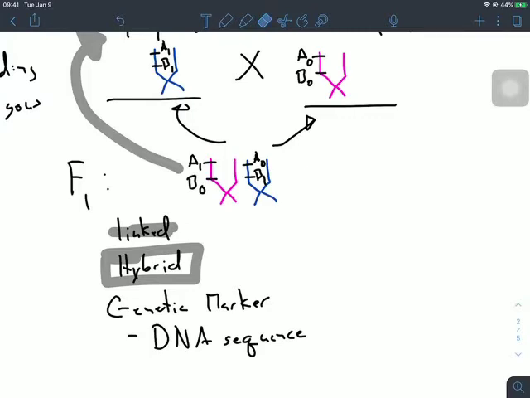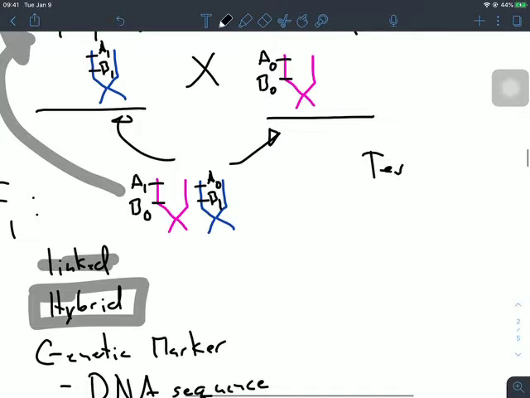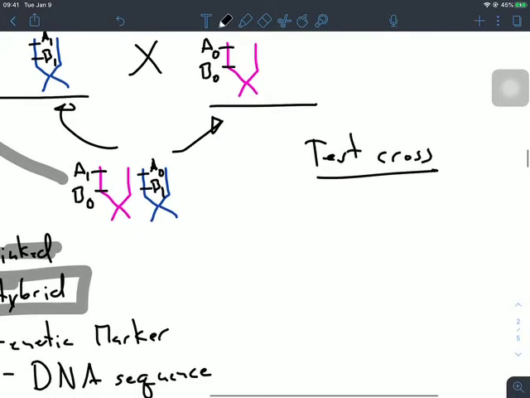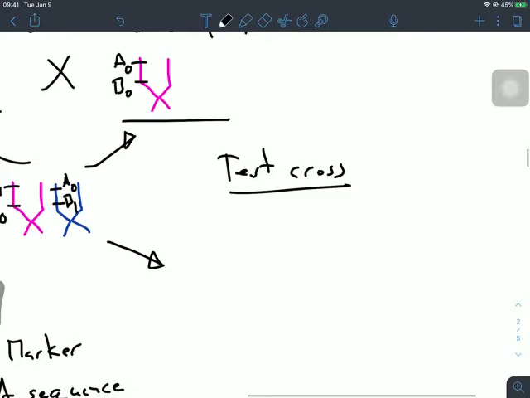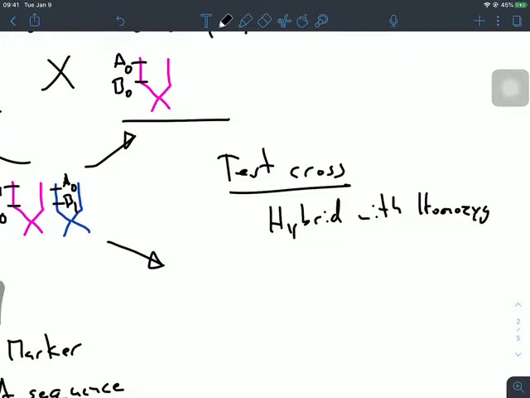You can perform something called a test cross. A test cross is just a way for us to determine exactly which gametes came from our hybrid. So therefore, a test cross is crossing your hybrid with a homozygous individual, meaning that they would be, let's say, A0, A0, B0, B0.